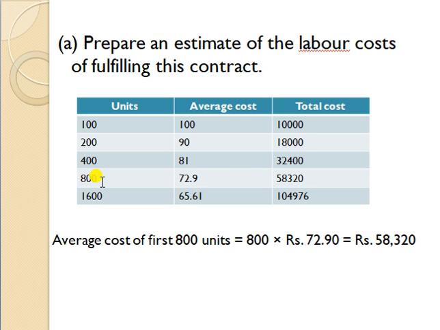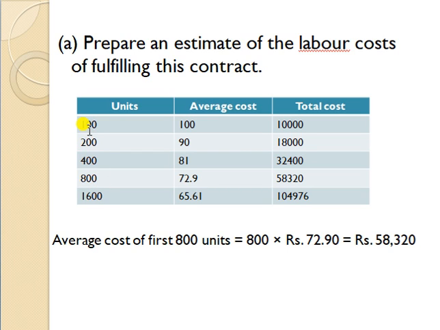You need to calculate the amount of cost and average cost of producing 900 units by using logarithm principles and formulas. You need to consider not 100, 200, 400, 800, 900.